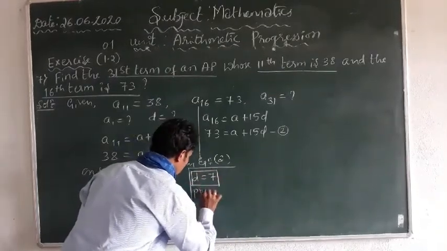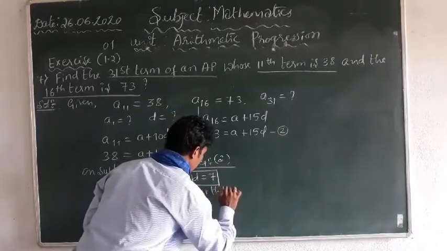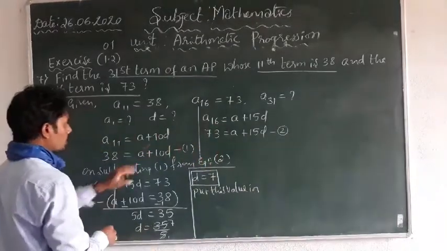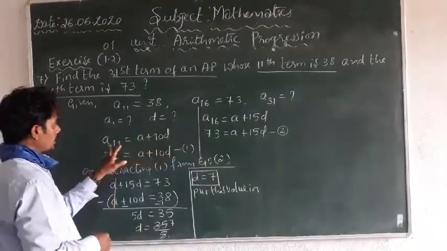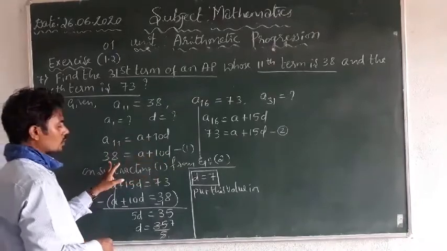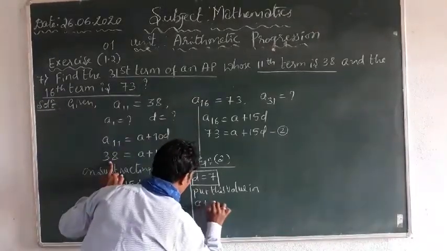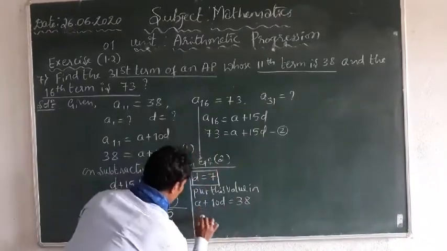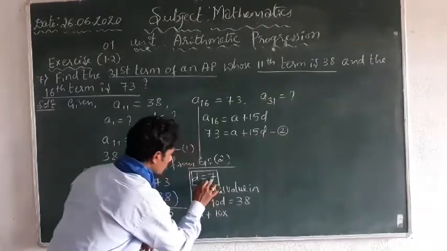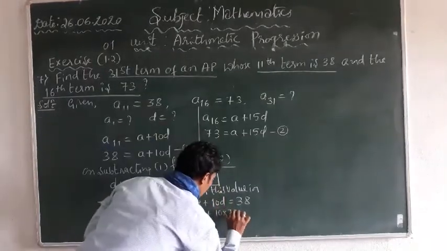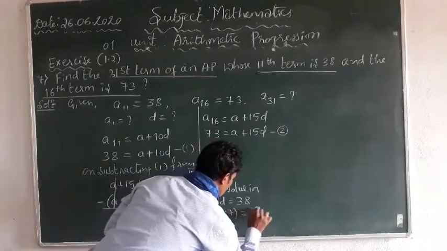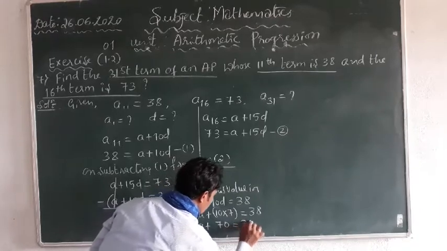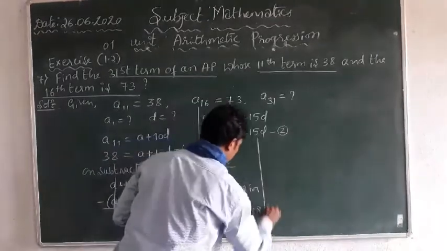Put this value in a plus 10d is equal to 38. A plus 10 into 7 is equal to 38. A plus 70 is equal to 38.